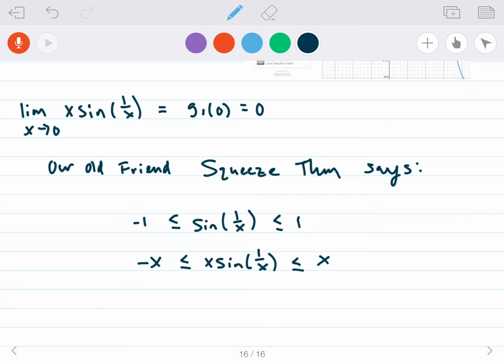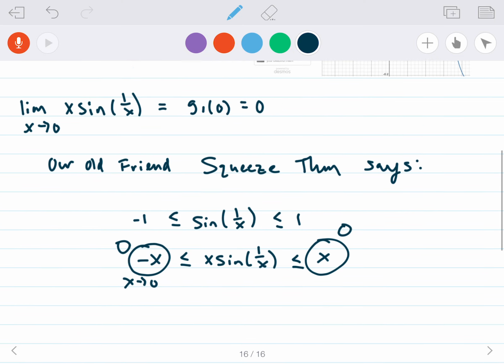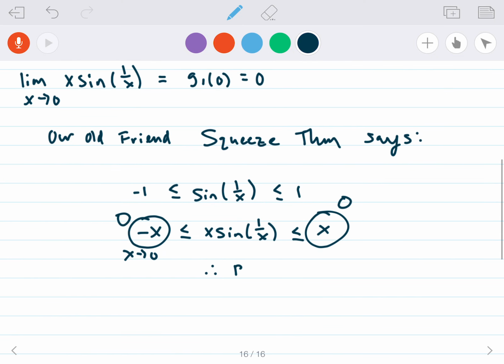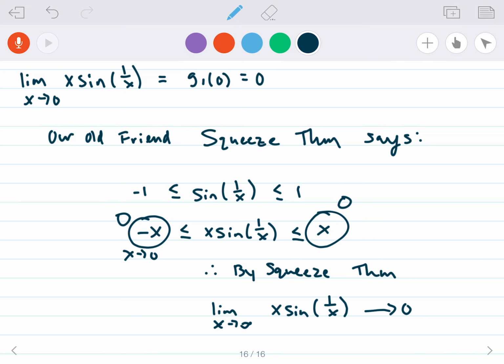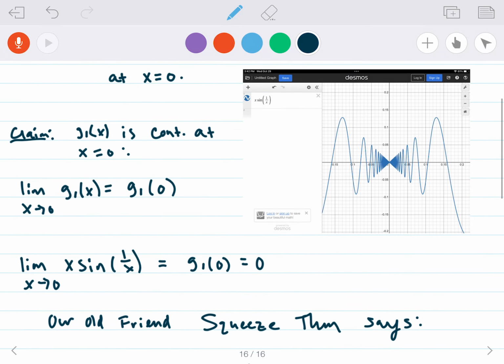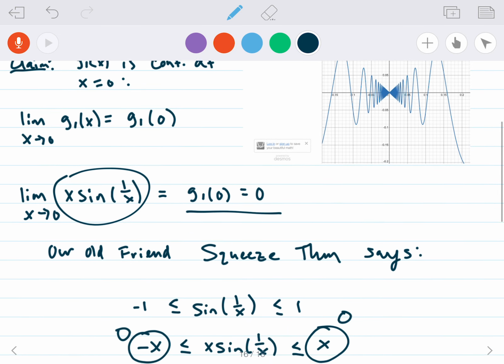And we know as x goes to 0, this thing goes to 0. As x goes to 0, this thing goes to 0. So by the squeeze theorem, the thing in the middle better go to 0. Okay, and so this thing is continuous at 0 because this limit was 0, and that is exactly what we were looking for.